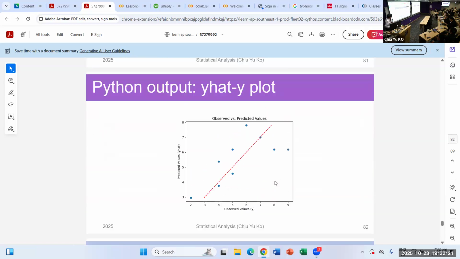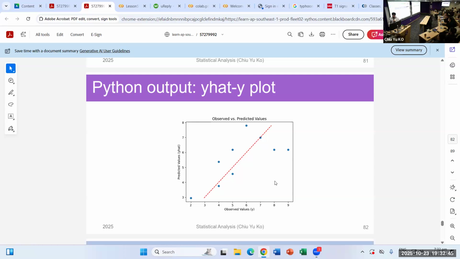From your data, you have a y, and y hat is from your estimate. If your y hat and the y are the same, you have a perfect fit, right? So you will end up on the 45-degree line.